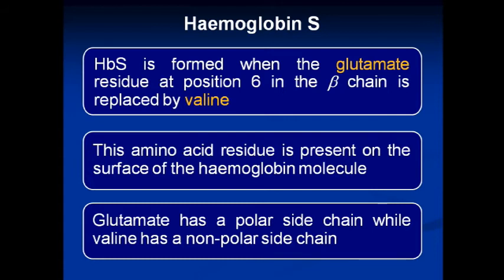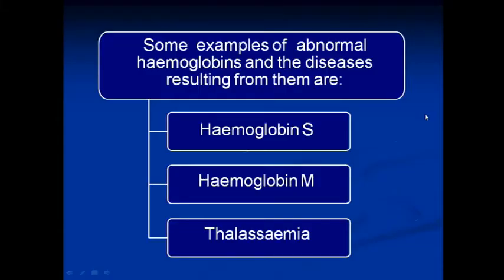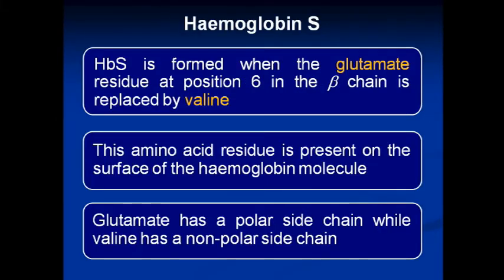Hemoglobin S, meaning sickle cell hemoglobin, is formed when the glutamate residue at position 6 in the beta chain is replaced by valine. This amino acid residue is presented on the surface of the hemoglobin molecule.